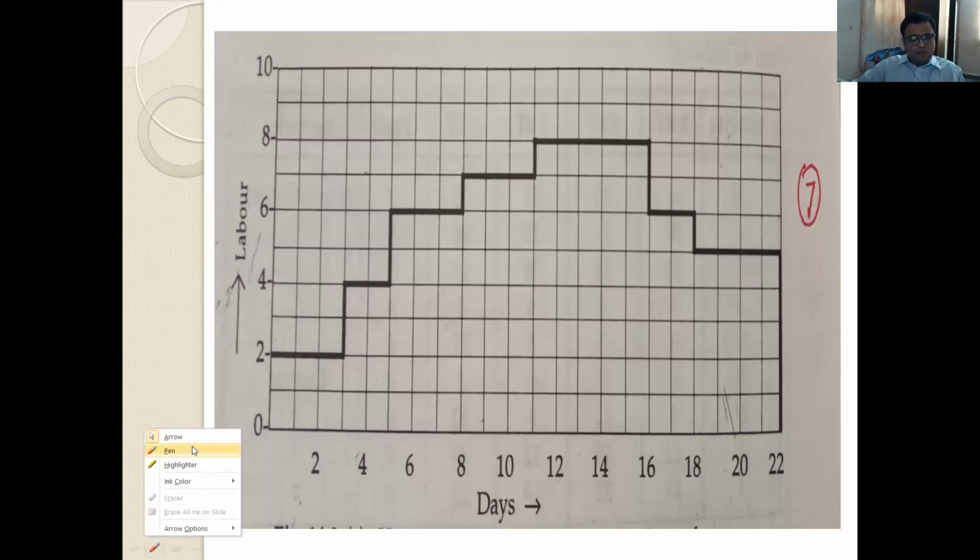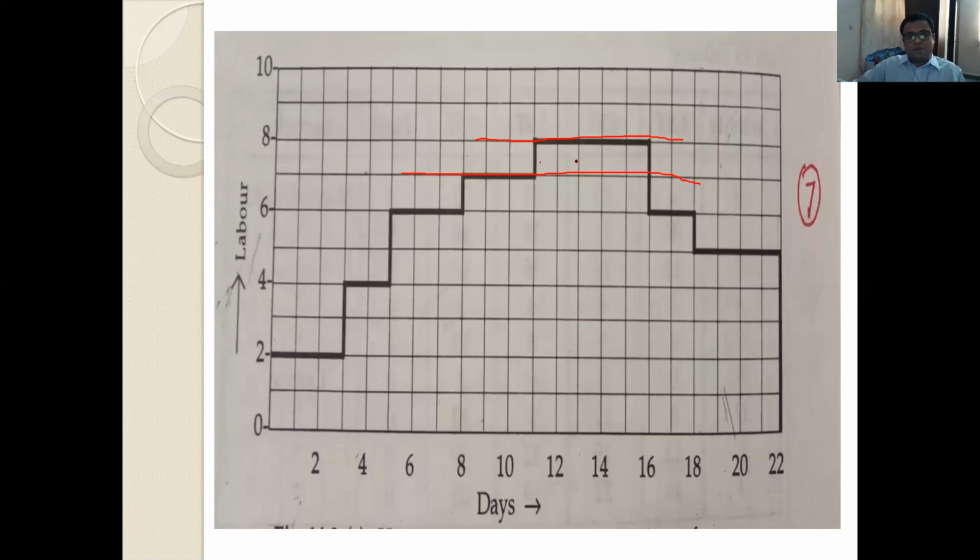Here the resource requirement, which in the previous case was up to 11, now comes down to 8. But it is still more than 7. If you see here, for days 12, 13, 14, 15, 16, it is above the available resources.